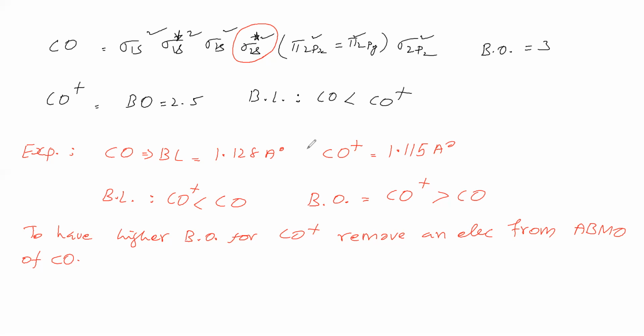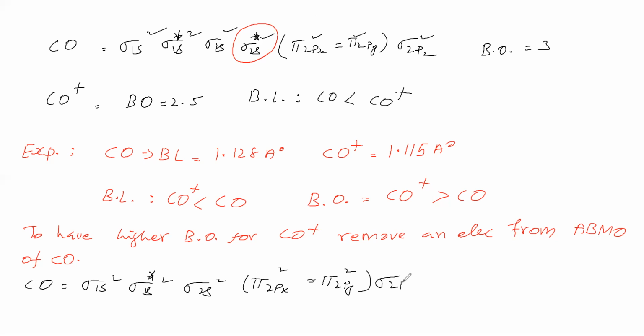Therefore, what is the electronic configuration of CO? We will see sigma 1s2, then sigma star 1s2, then sigma 2s2, and keep sigma star 2s2 at last. Therefore, pi 2px2 equal to pi 2py2, then sigma 2pz2, then sigma star 2s2.